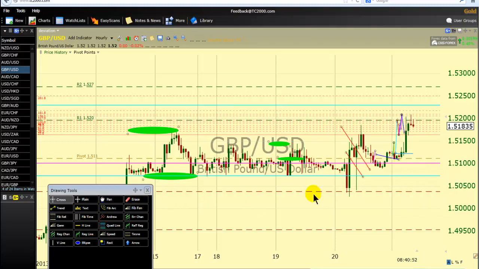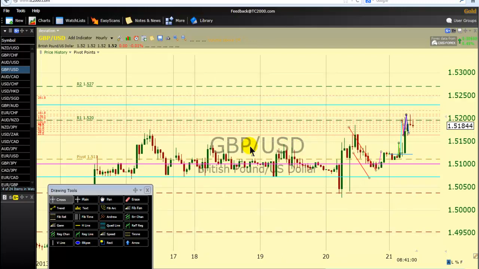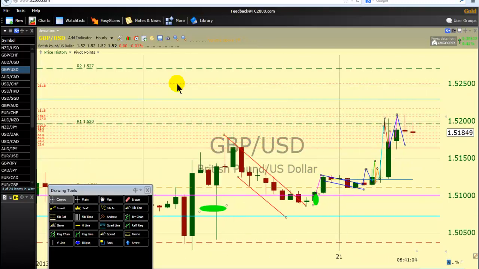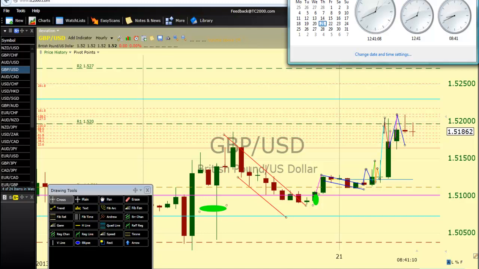Very often, the price will move from the zone of M2 and go all the way to M4. There is a high chance today that the pound dollar currency pair, today is the 21st of March 2013, the time now is 12:41. I've been talking to you now for a long time.